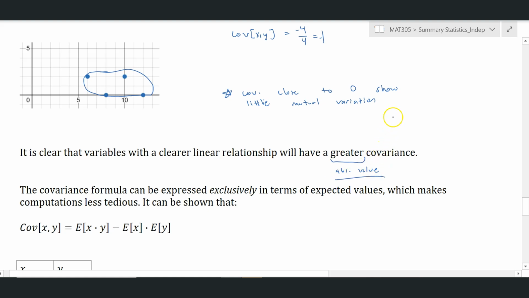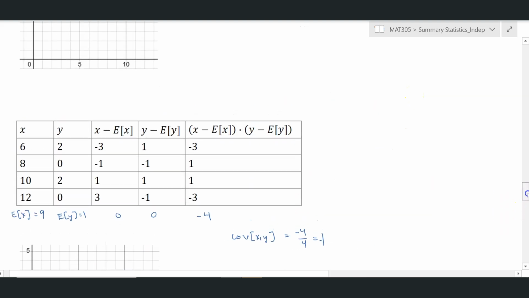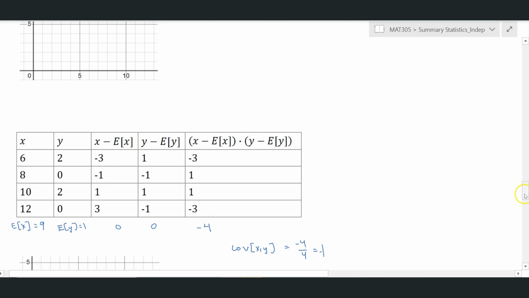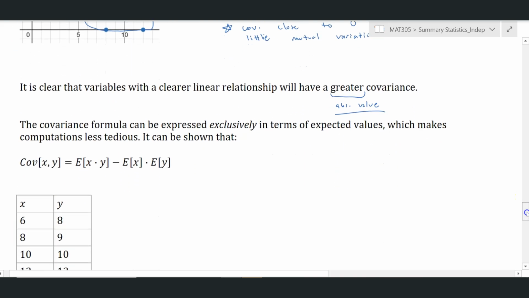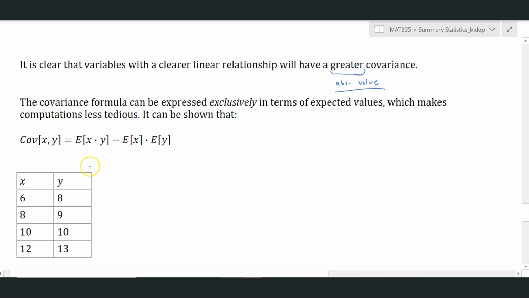What's really handy is to be able to compute the covariance and the variance without having to do it in this fashion. This is just kind of a lot of work, and oftentimes it's much easier to just express the covariance in terms of the expected values. So the covariance formula can be expressed exclusively in terms of expected values, which makes computations less tedious.